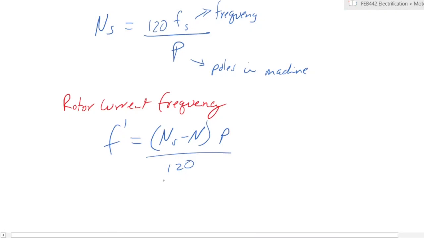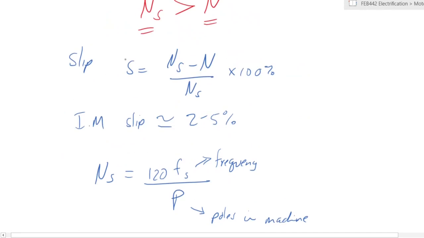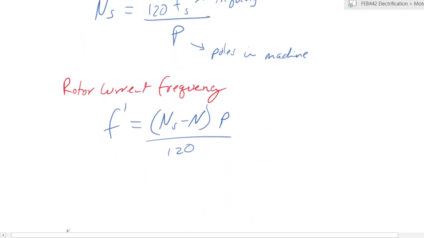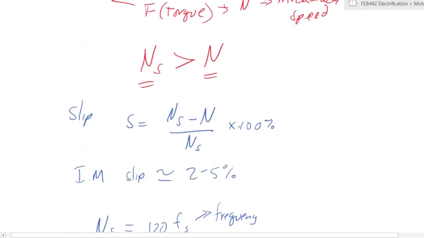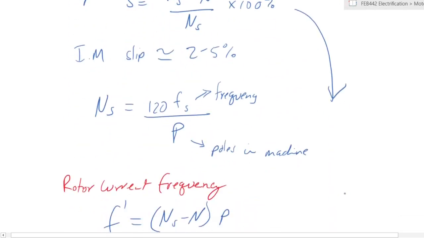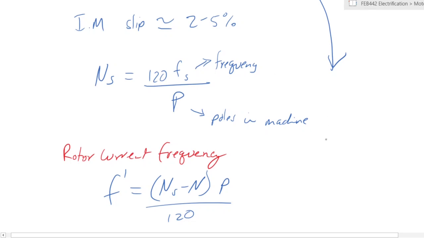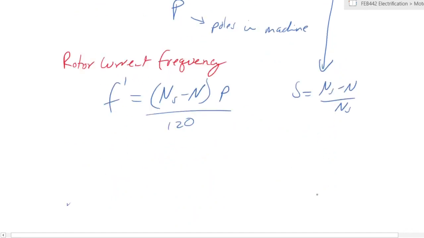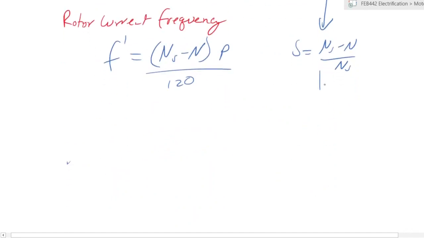And if you remember that slip is ns minus n over ns, you can say that S times ns equals ns minus n, which we can bring there.